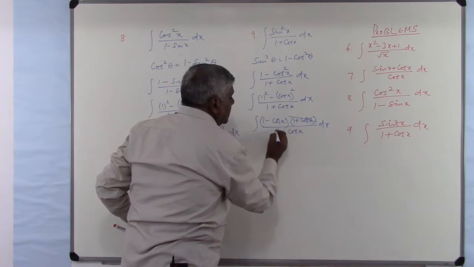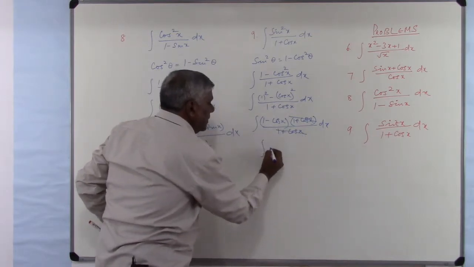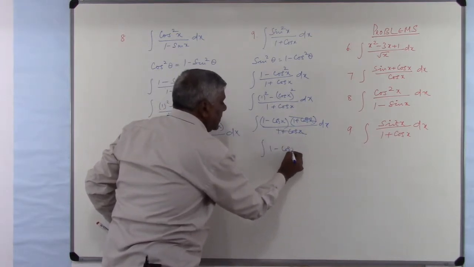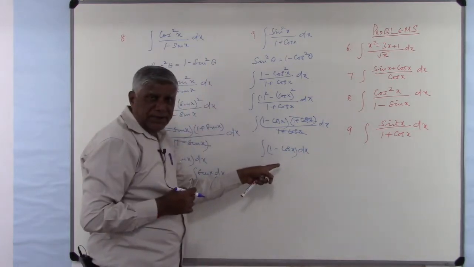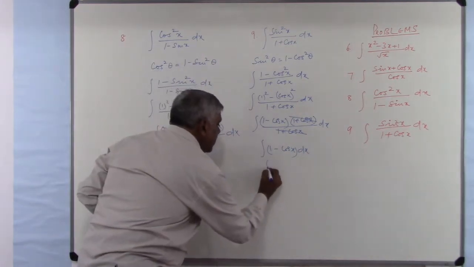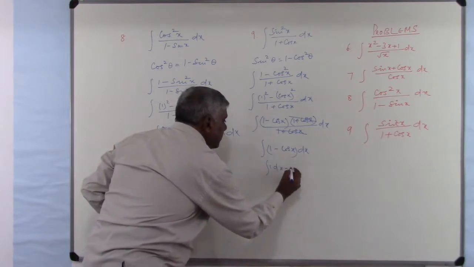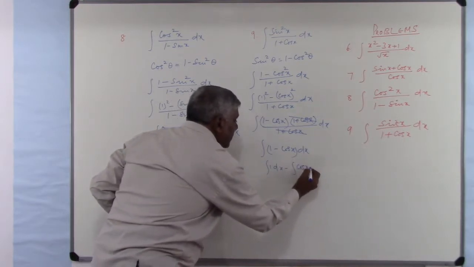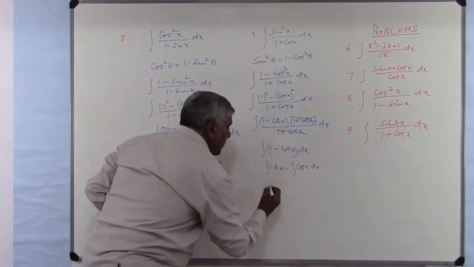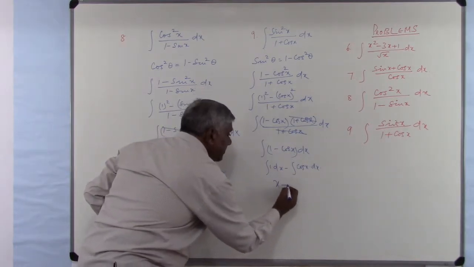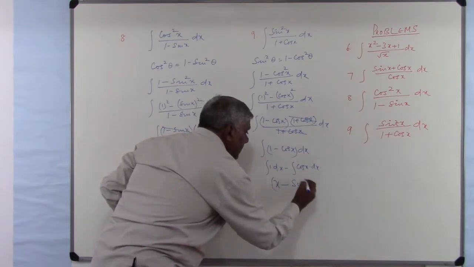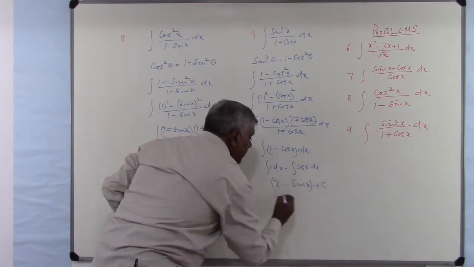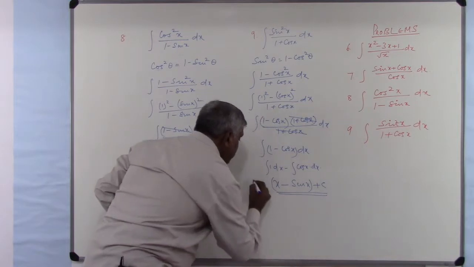This 1 plus cos x and 1 plus cos x cancel. 1 minus cos x into dx. Now you split this: 1 into dx minus cos x into dx. This is nothing but x minus sin x plus c. This is the answer for the problem.